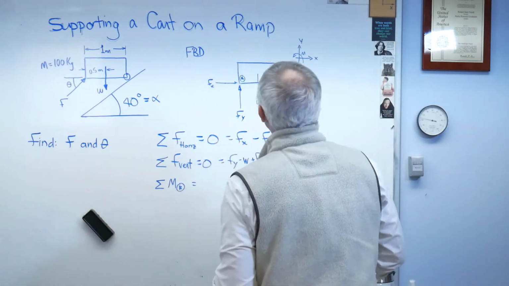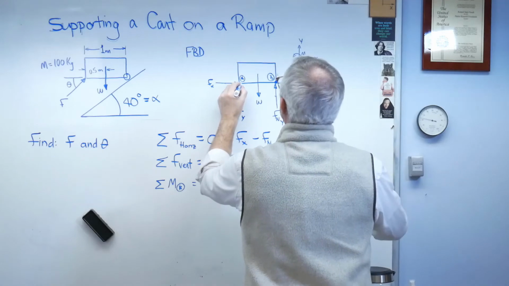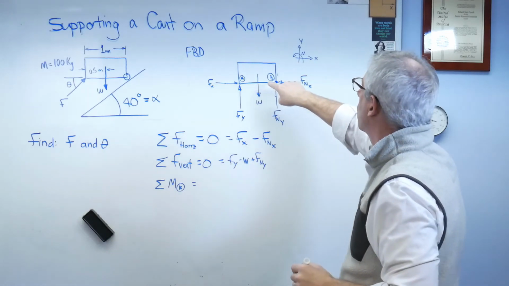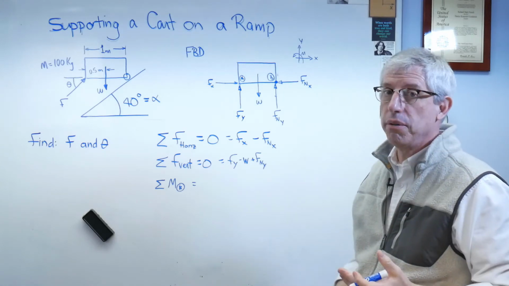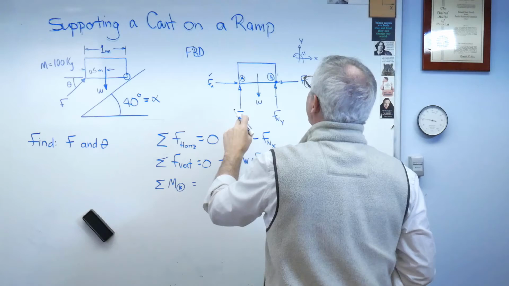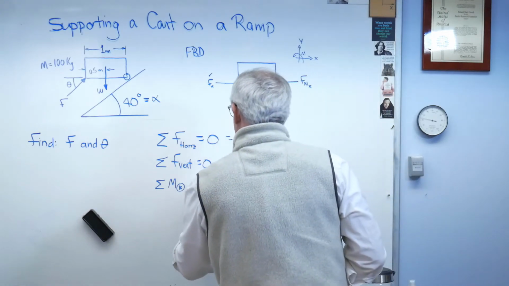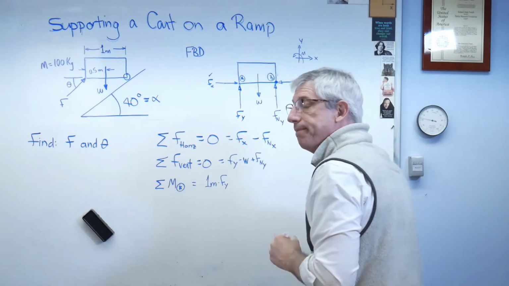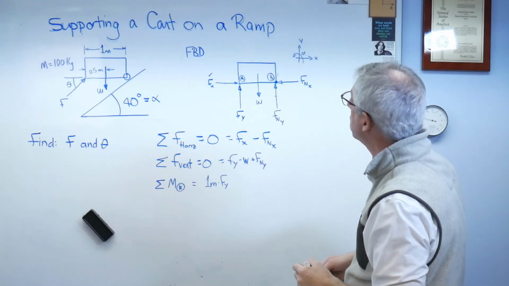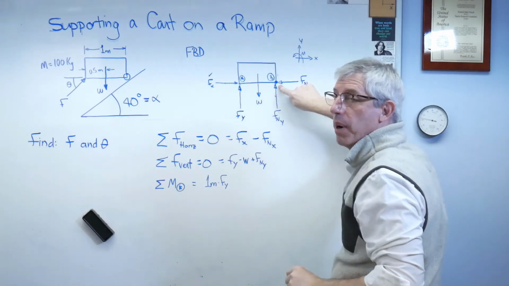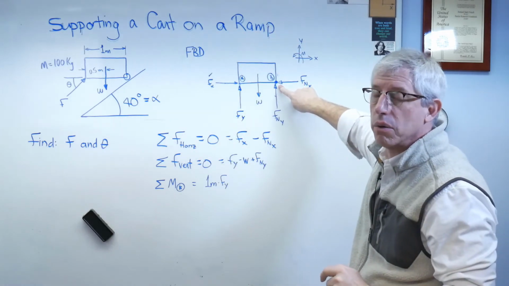All right, let's just start going through the forces here and writing down the associated moments. F of x goes right through point B, so F of x does not create a moment, so I got that one taken care of. Fy does create a moment, so that's 1 meter times Fy. So far, so good. Now, is it positive or negative? Well, about that point, Fy tries to rotate the box clockwise.